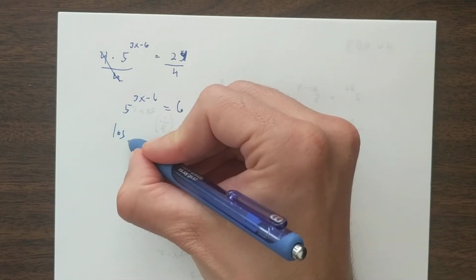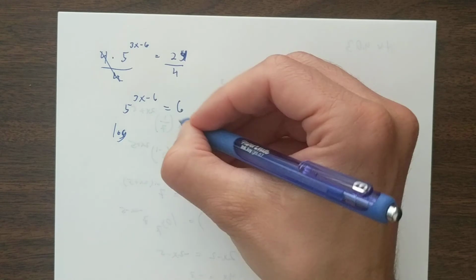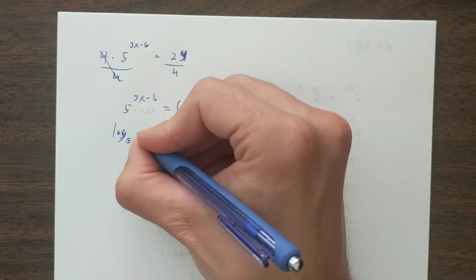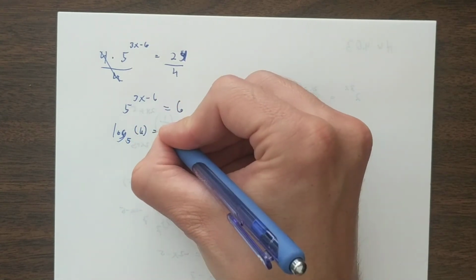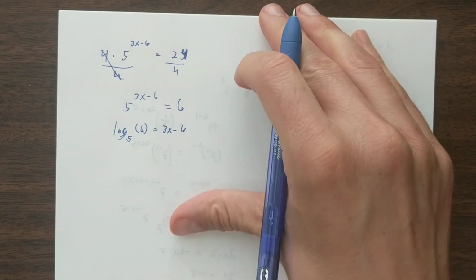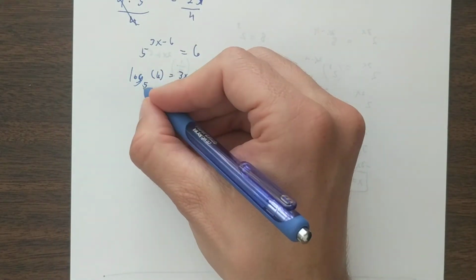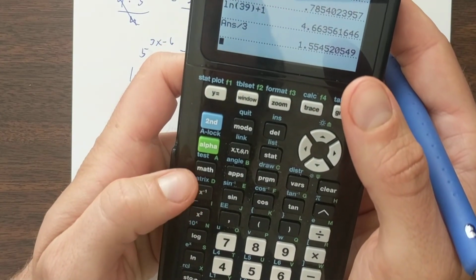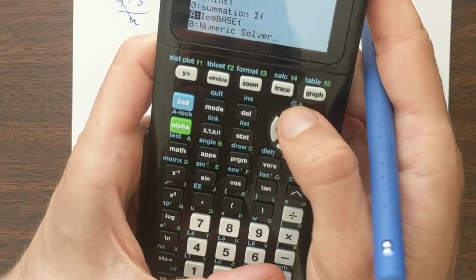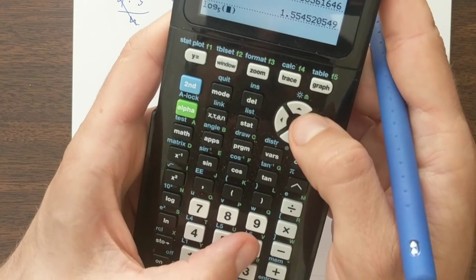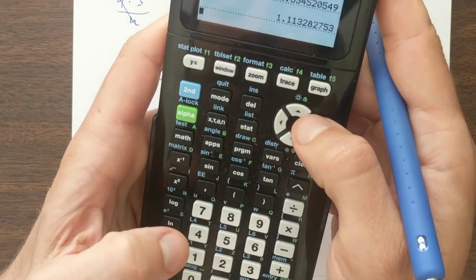This is going to be rewriting this as a log. This is log base 5 of 6 equals 3x minus 6. Log base 5 of 6, again, we either hit this, which is 5 of 6. There you go.